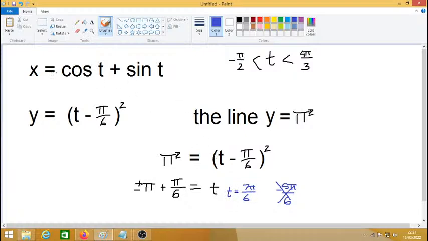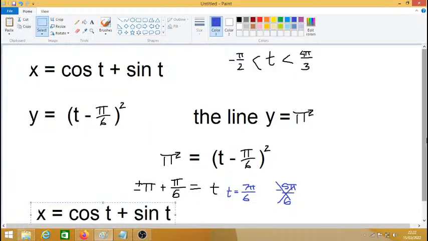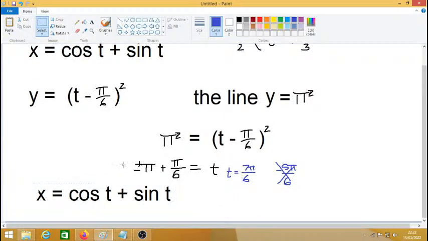And we want to get the coordinates of the intersection with that line. So we've already got the y coordinate. The y coordinate is pi squared. We need to find the x coordinate, which is easy now that we've found what t is. So we just want to substitute the t into the x equation. So t is 7 pi over 6, so we can just substitute that straight in. Let your calculator do the hard work.